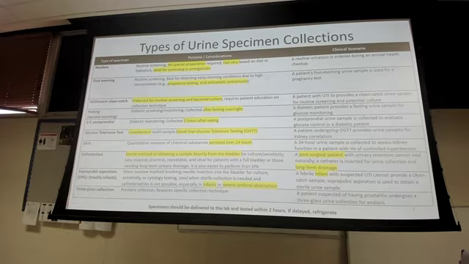Okay, so types of urine specimen collection. So you already said some, right? You already talked about that clean catch, right? And what that specifically means is, if you've ever had to submit urine to a lab, you'll see a set of instructions in the restroom. So you want to go ahead and use that wipe, wipe those cells off first.